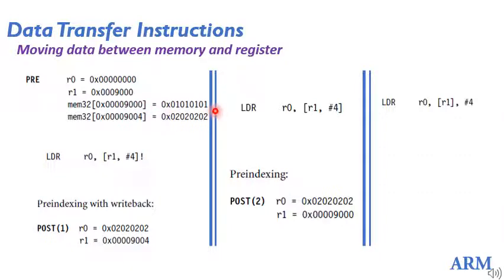So R0 is to be loaded with 01010101, and after that base register R1 is to be updated by adding the offset. So R1 will be 9000 plus 4. So this will be the output. So R0 is 01010101. R1 will be updated to 9004.